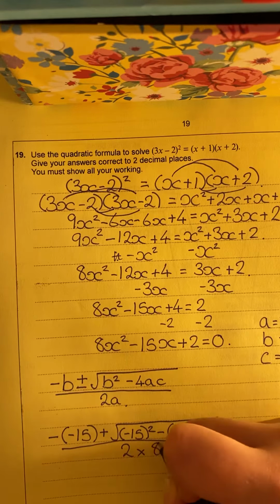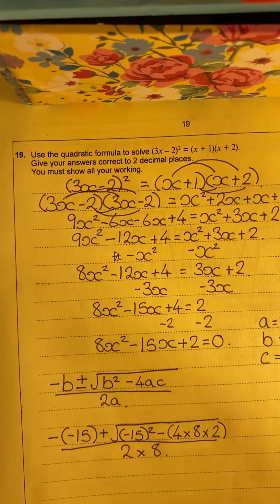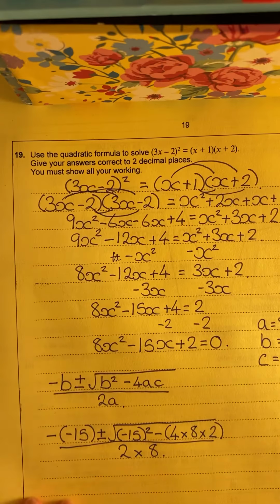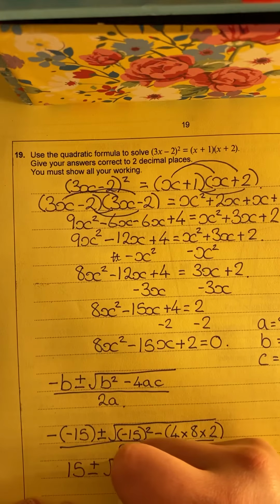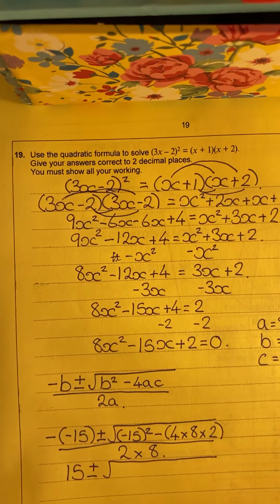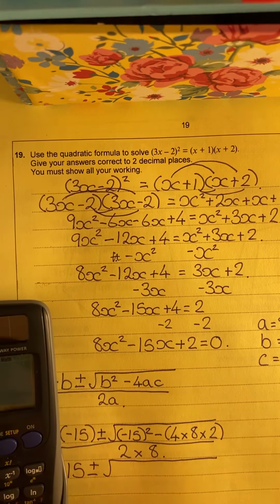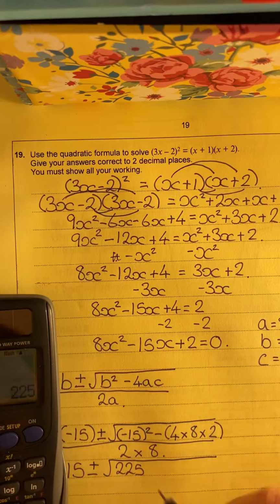So that's going to give me, you can do it in steps if you want, so that's plus or minus. We can do minus -15 is just going to be 15, plus or minus the square root of, we can work out each of these little bits individually. So if we've got (-15)², that's going to be 225.